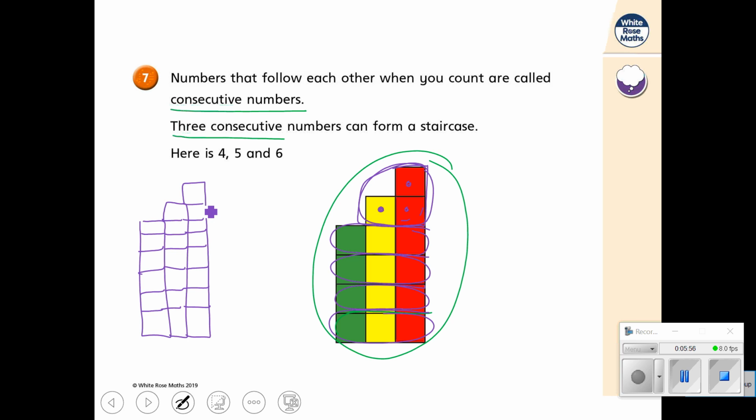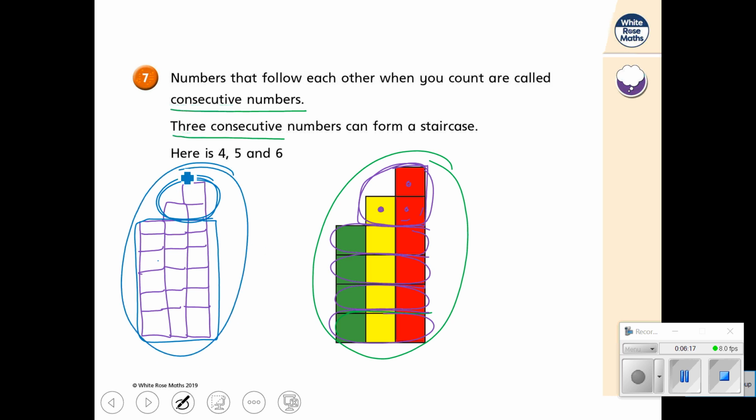So as you can see, I'll change my pen colour again, all the way up to the level of 6, everything is set in a group of 3, and then I have my 3 little blocks at the top of my staircase, which means all together we have a multiple of 3. So the statement is therefore correct.